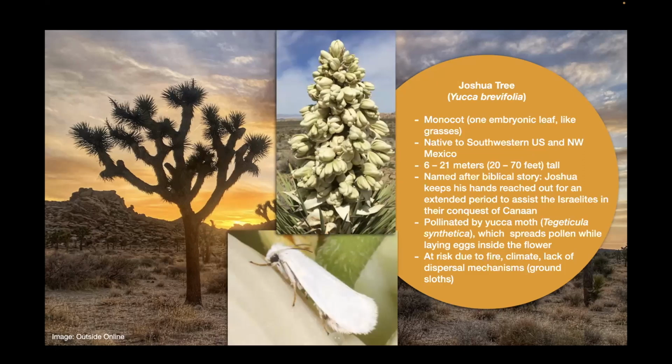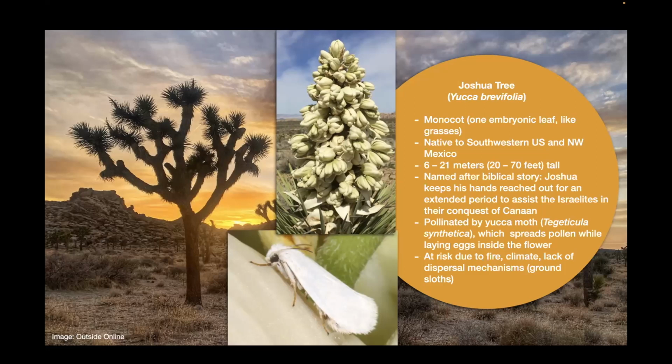Here's a photo of the yucca moth. He's about half an inch to an inch long. And those are the beautiful flowers that come up from the top of the leaf clusters and create these banana-like drooping flowers. The flowers are a couple of inches, 3 inches long sometimes.